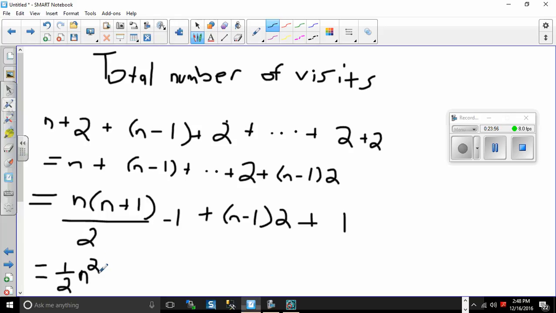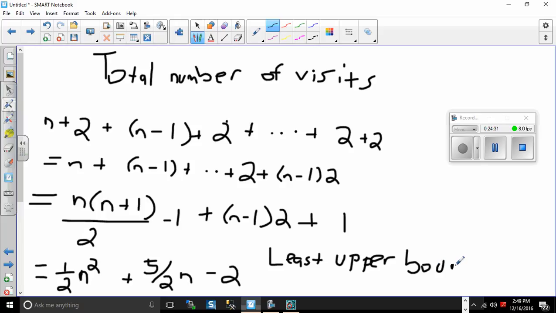Now, n is the number of elements in your data array, and so this is the number of visits required to do a selection sort on your data array. This is the least upper bound for the number of visits required to do a selection sort.